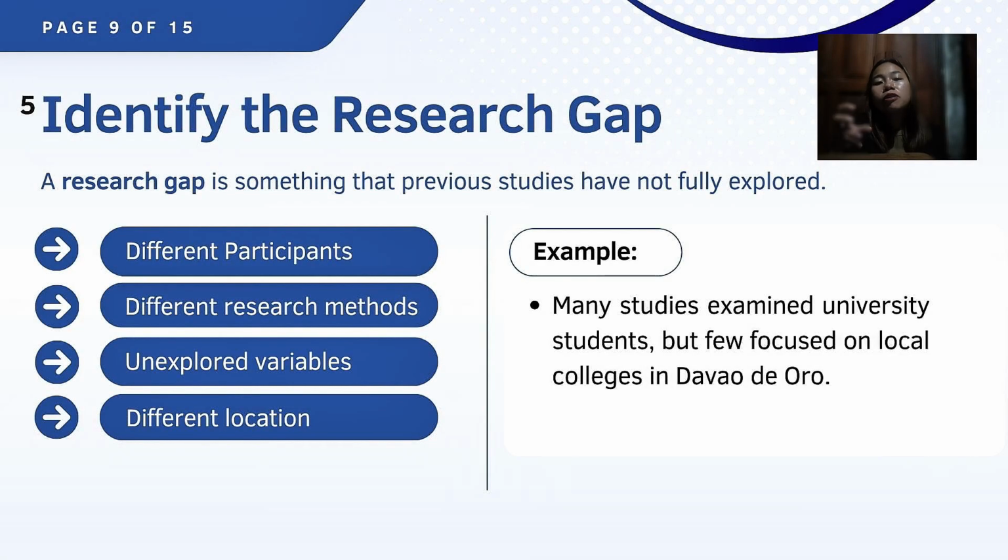Okay. Now, one of the most important parts of a literature review is identifying the research gap. Now, a research gap is something that previous studies have not fully explored or answered. Now, many students or many researchers think that finding a research gap means looking for a completely new topic.